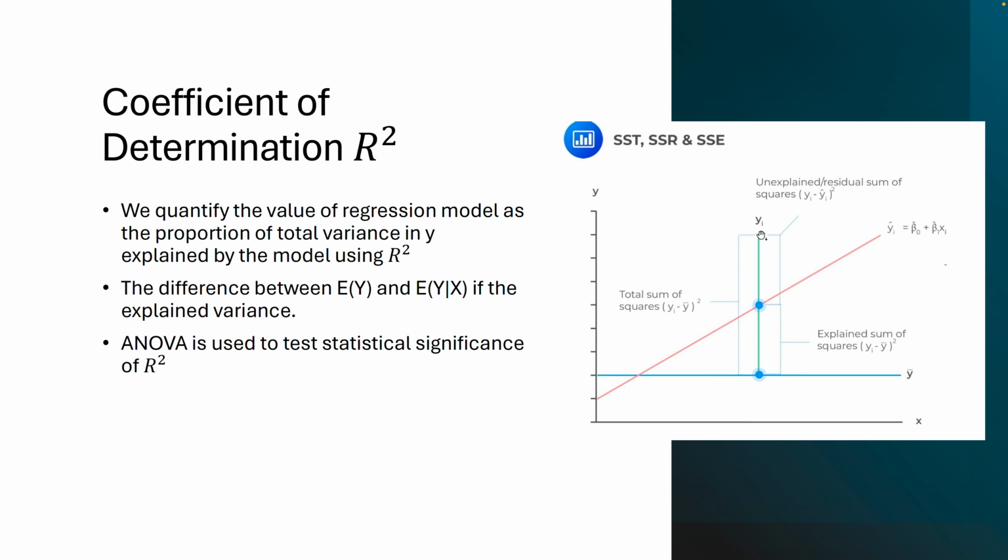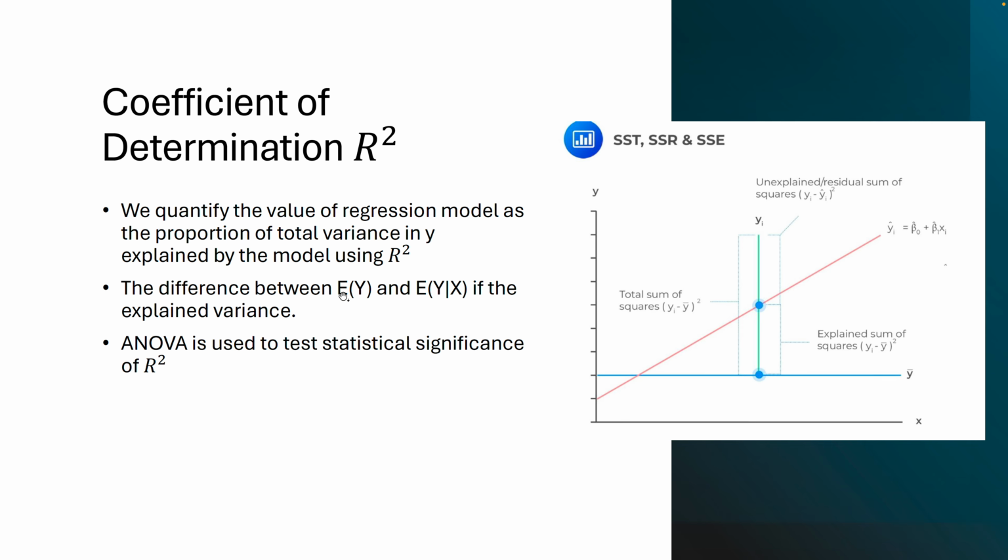So if y is here, we know that originally it was y bar. Using the model we have been able to reach y hat, which is the value on the line. So the difference between the y bar and the y hat, or the variance captured between y bar and y hat, is called the explained variance, and the total variance is the variance from y to y bar. So we take this variance divided by the total variance, which is our r square.